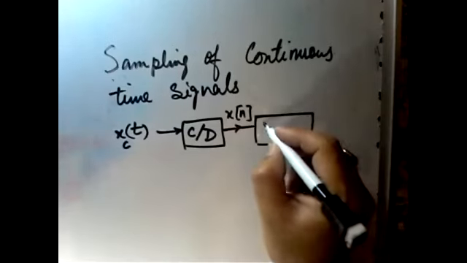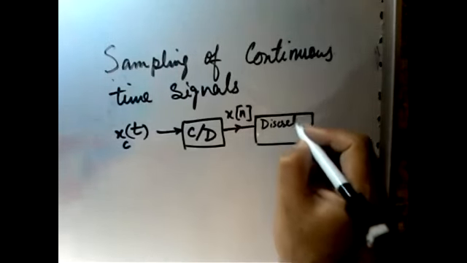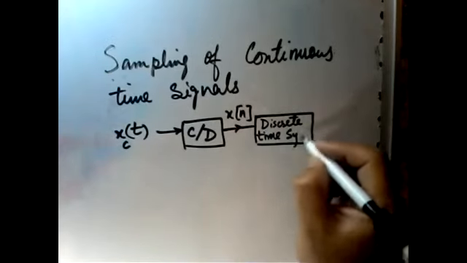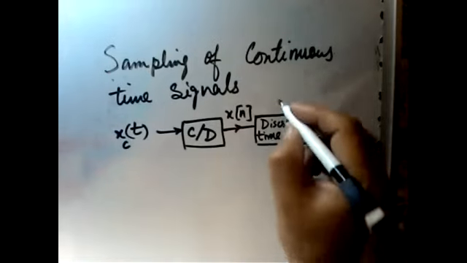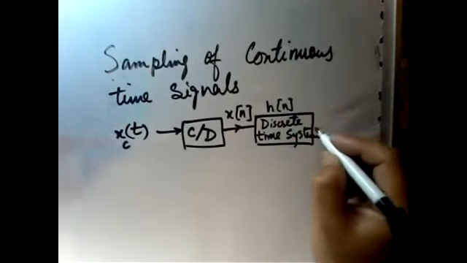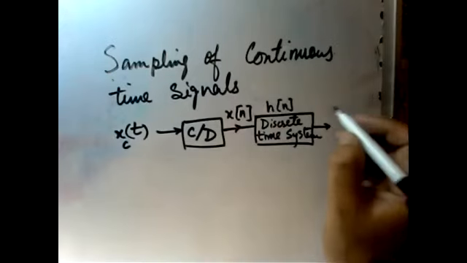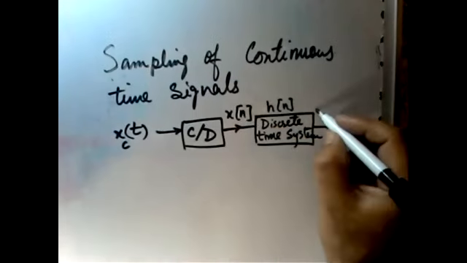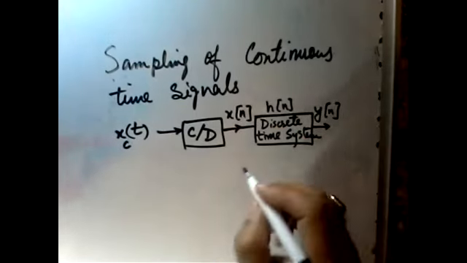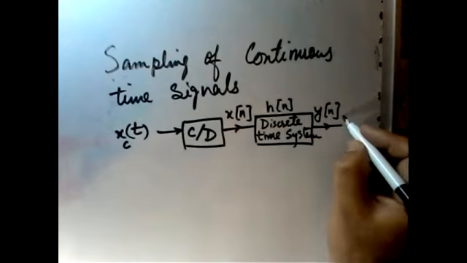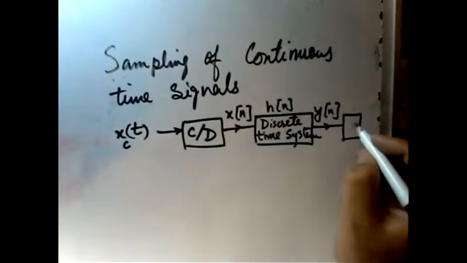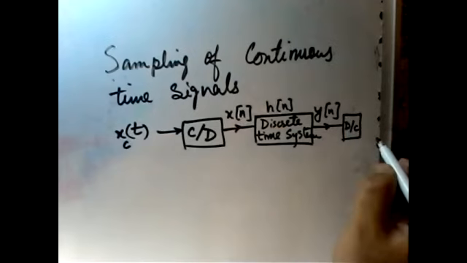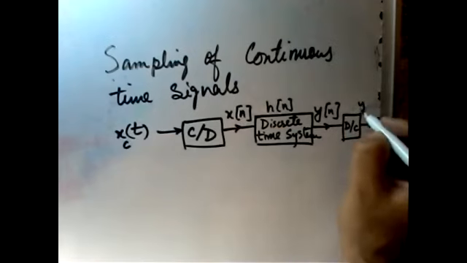Then a discrete time system with impulse response h of n will do some processing on this input x of n, and you will get an output y of n through the process of convolution. And if you pass it through a D to C converter, that is discrete to continuous time converter, you can get y of t.